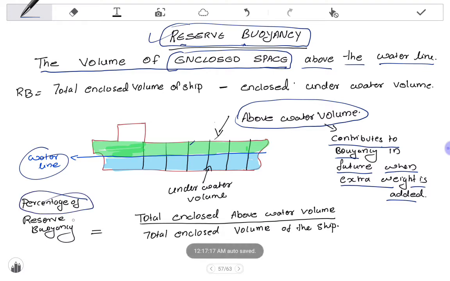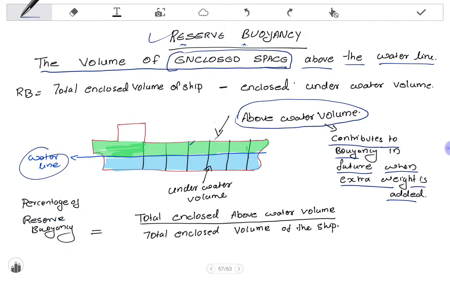So the percentage of reserve buoyancy is the ratio of total enclosed space above the water level, this green part, divided by the total enclosed volume of the ship.